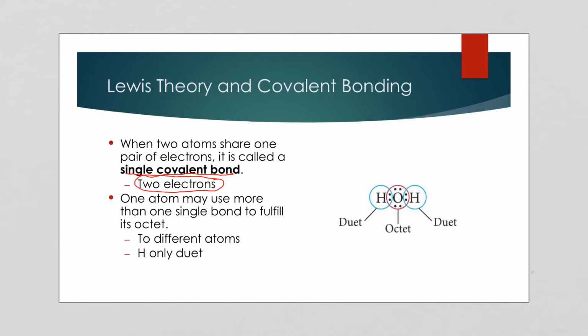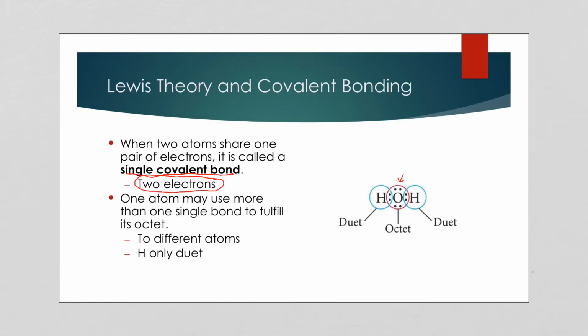So we can see here, if we draw the circles, that by making this sharing, oxygen's octet, shown here in red, has 8 electrons: 4 that are from the 2 lone pairs, and 4 that are part of this sharing, part of the bonds.